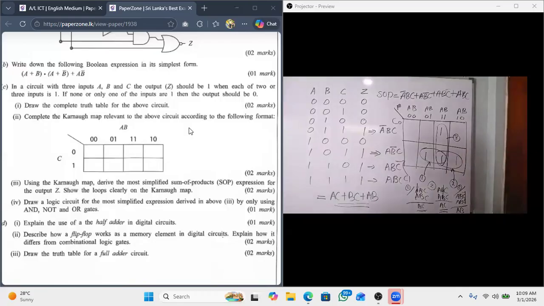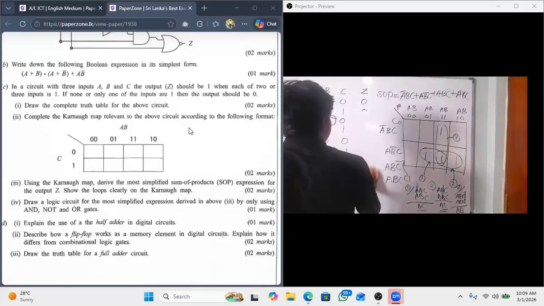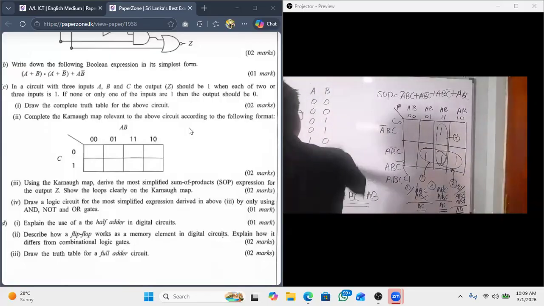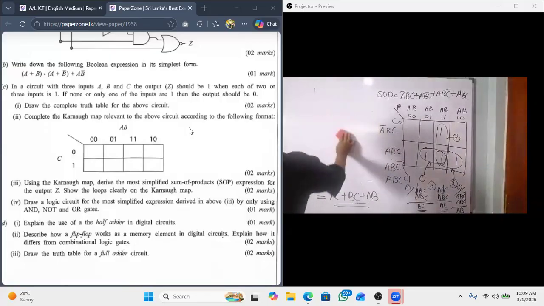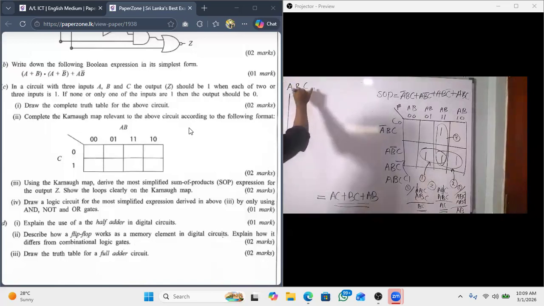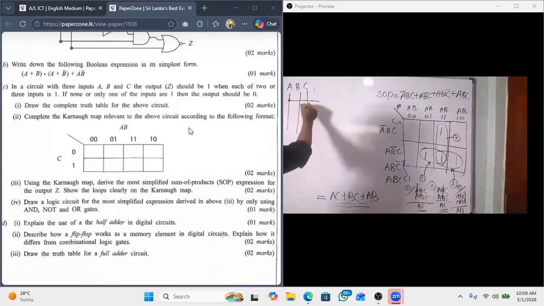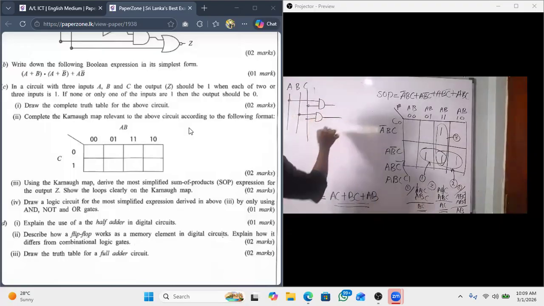Wait. I will erase this part. All you need is to do this. You have 3 wires. I'm drawing 3 wires here: A, B, C. AC plus. So I'm getting now AC. So I can put an AND gate to multiply and get the answer. BC, another AND gate.